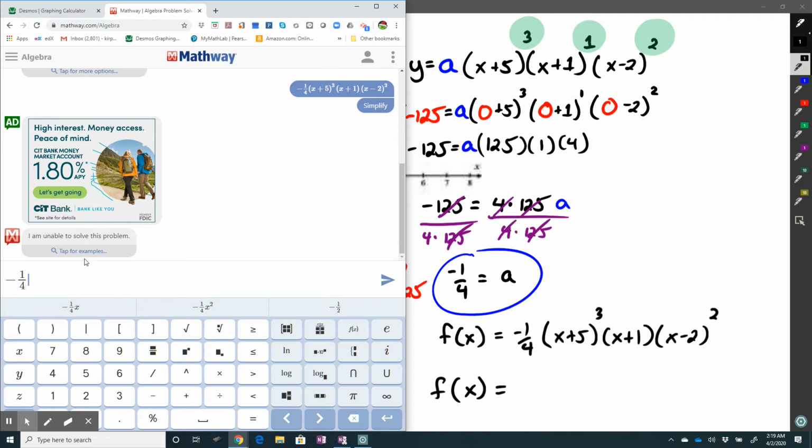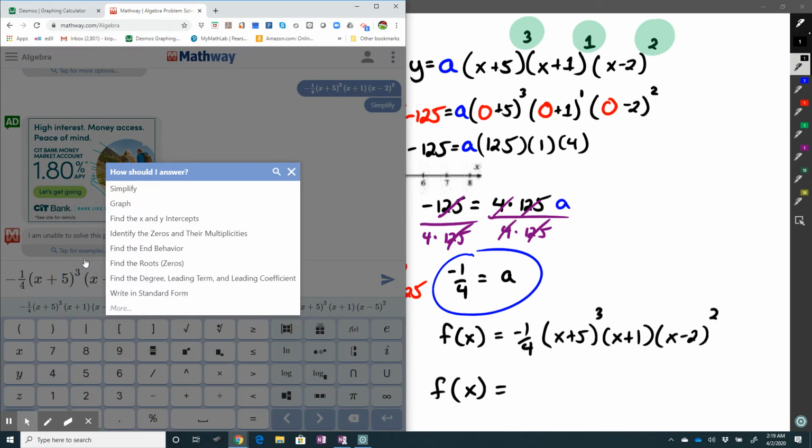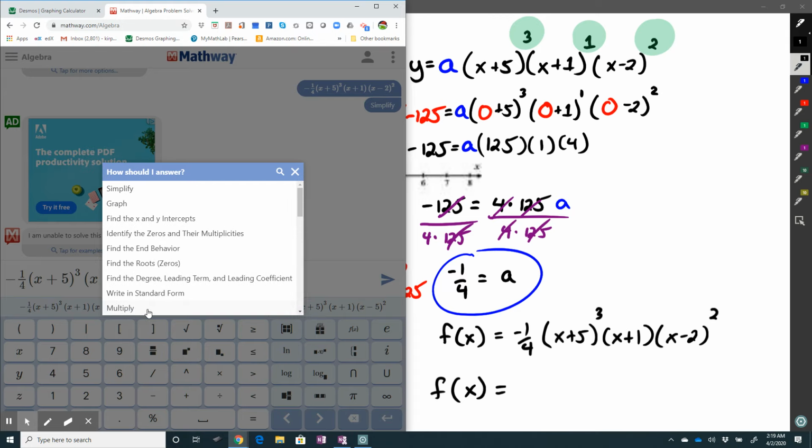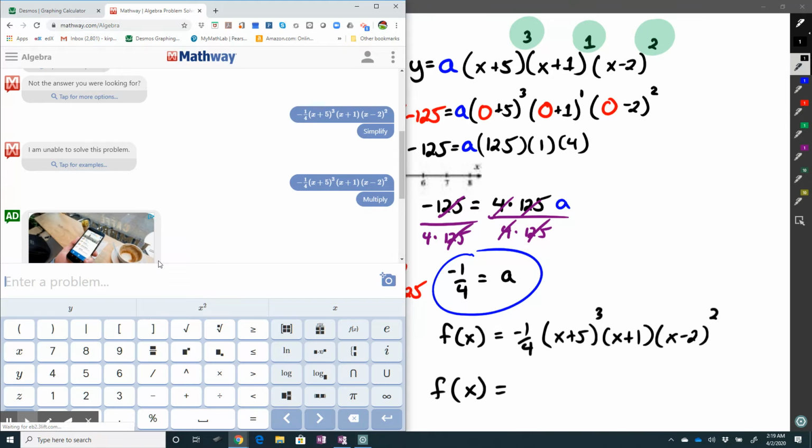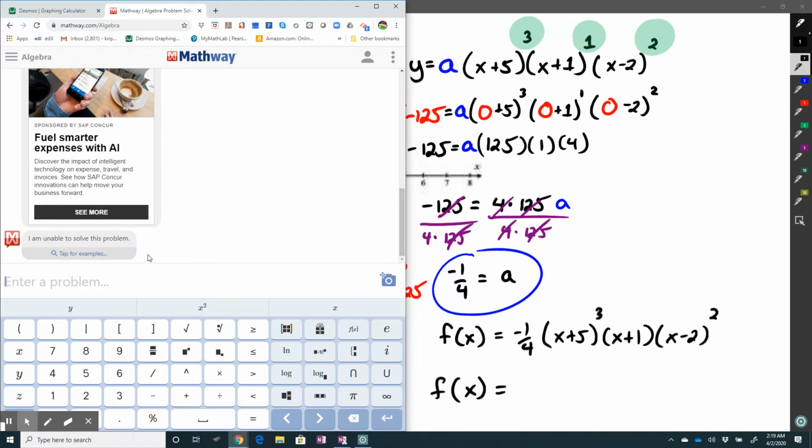Why would Mathway not know how to? Maybe I picked the wrong option. All right, so Mathway kind of stinks here.